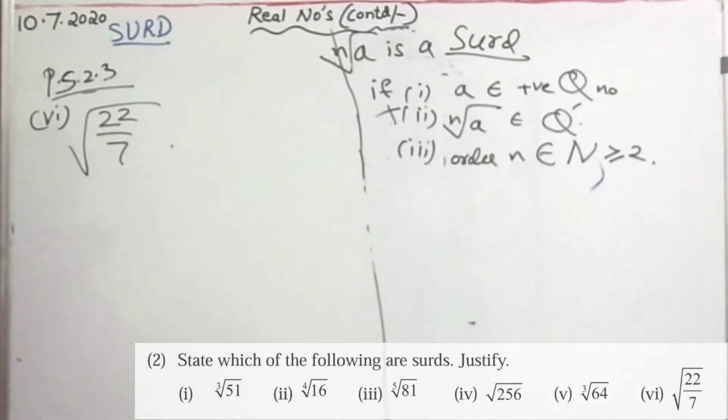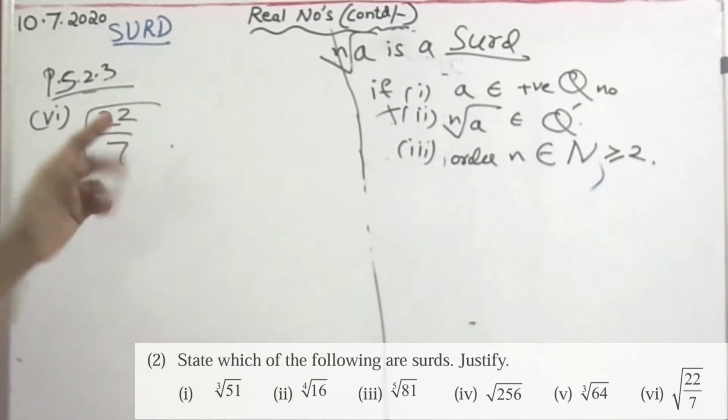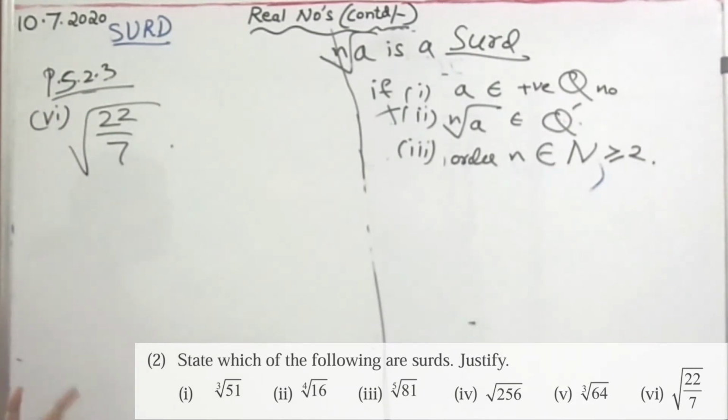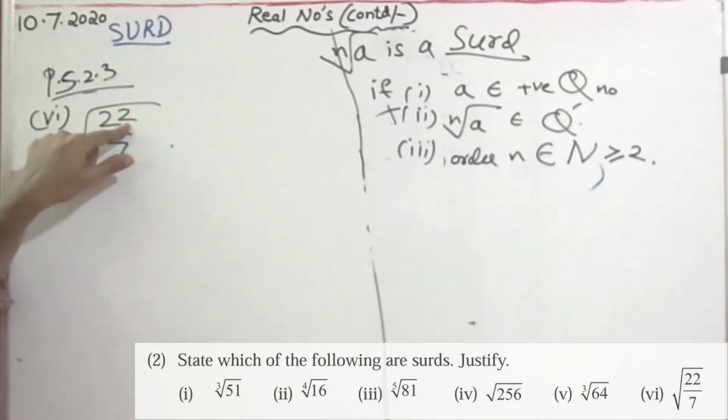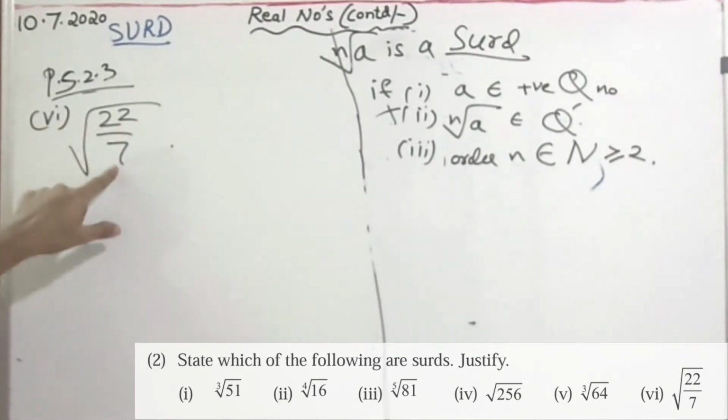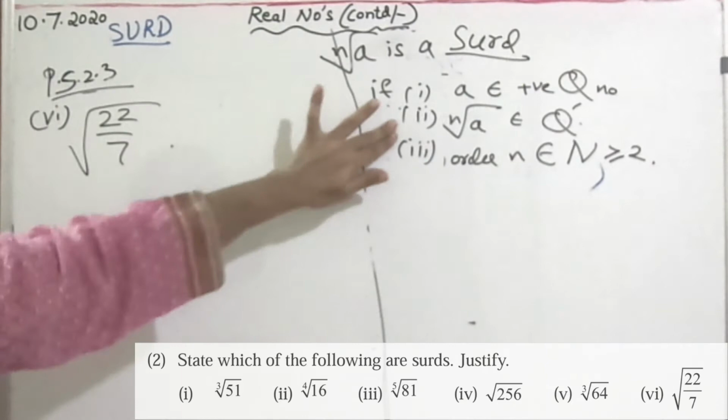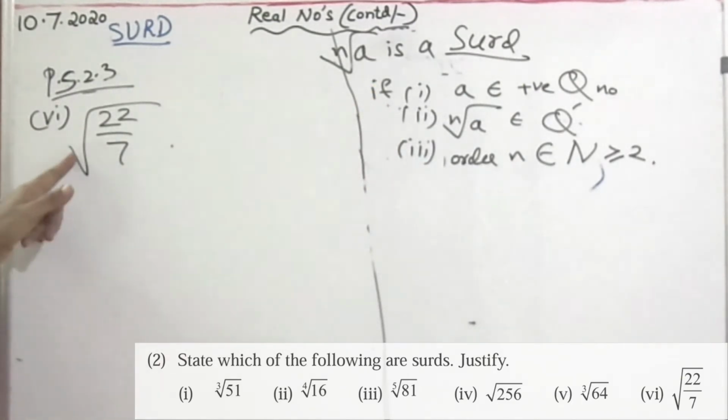Now recognize, what can we say here? Inside, 22 upon 7 is a positive rational number, P upon Q form, something upon something. Then can we remove root 22 upon 7? No. 22's factors are 2 into 11 and 7 is a prime number, so it cannot be removed. So the second condition is also satisfied and the order is 2.